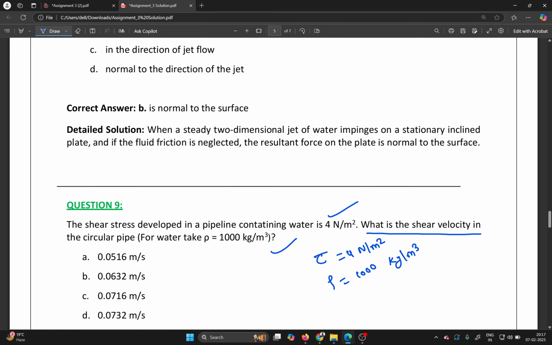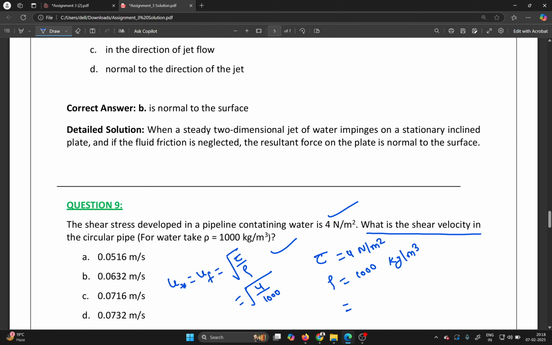You need to calculate shear velocity. How is it related to these two known values? Shear velocity we denote with U star, sometimes Uf, small f. It is related like that, root of tau divided by rho. You need to put the values here, that is 4 divided by 1000.